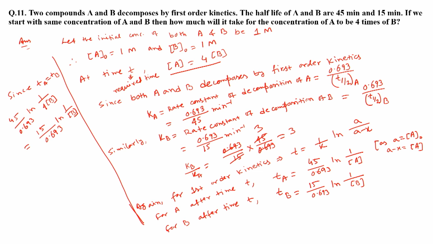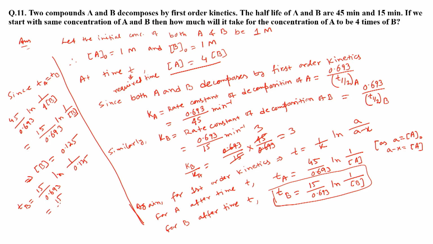So, if you calculate this, we get the concentration of B is 0.125. If we substitute the concentration of B in this expression, we get Tb. So, Tb is 15 by 0.693 ln 1 by 0.125.